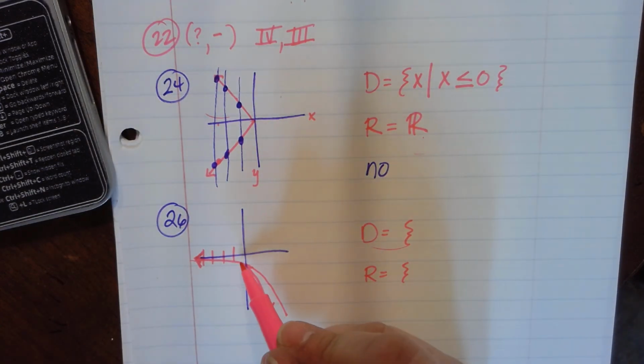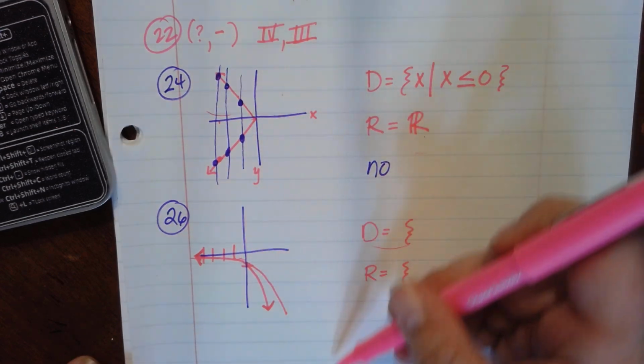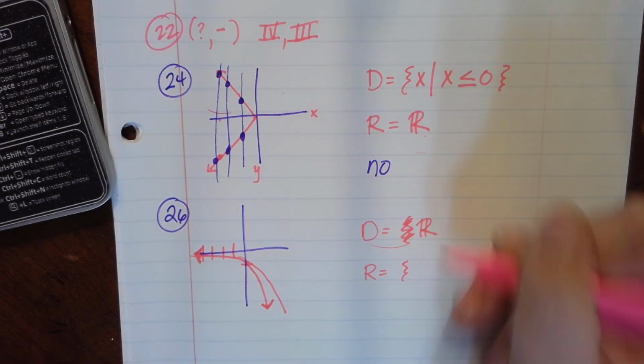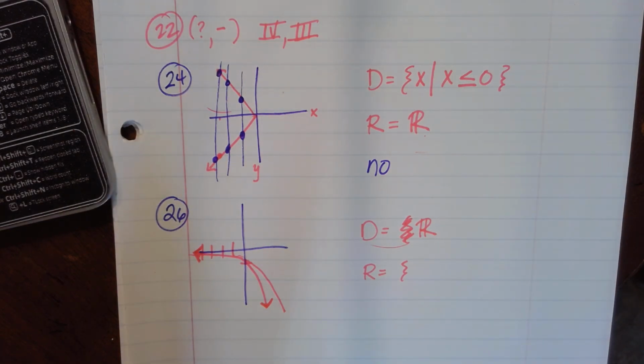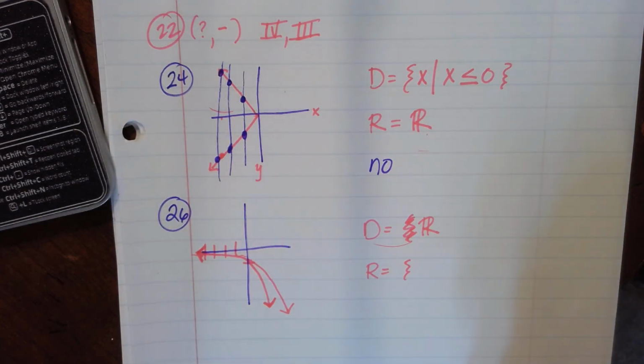So x could be any number here to the negative, and then it comes out to the right. So actually for my domain, I'm going to go ahead and reuse that R. And I'm going to say that my domain, because of those arrows, could be any real number. I mean, it's just kind of going out like this. All right, I can't give a definite spot to it.